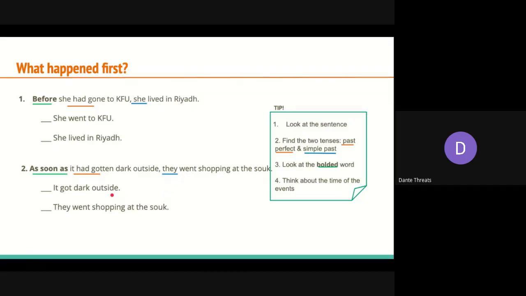Think about the time of the events. So, for number 1, before she had gone to KFU, she lived in Riyadh, right? Which one is the first event? Okay, yes, she lived in Riyadh is the first event. She went to KFU is the second event.